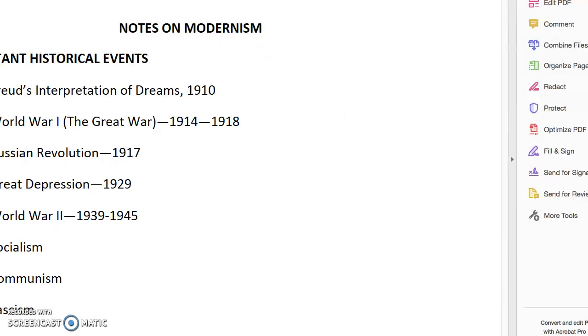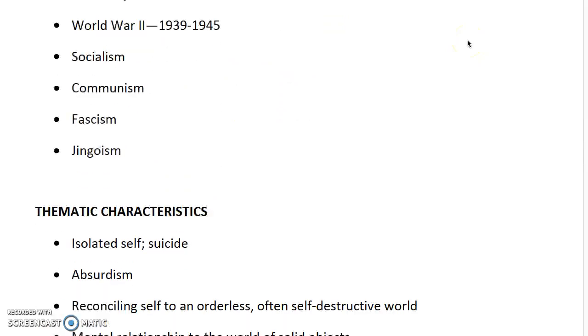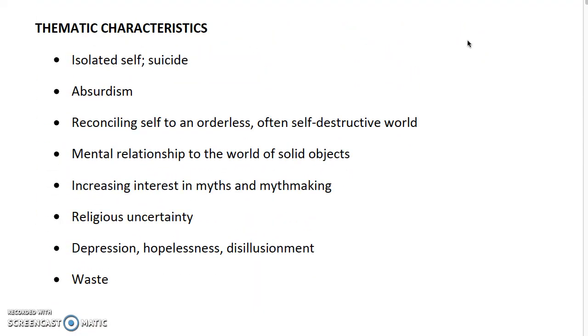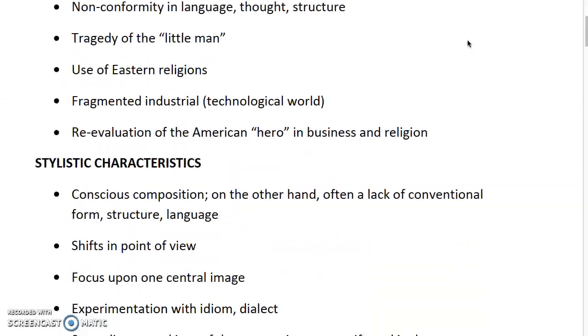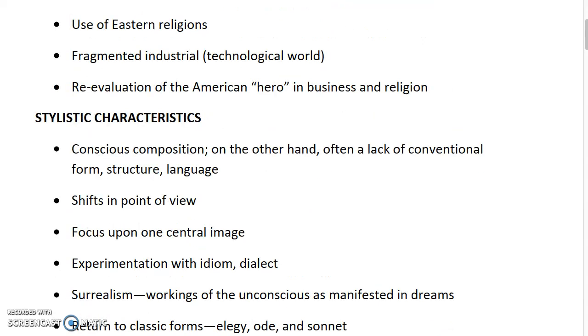The notes provide some great thematic items that I want you to notice. Okay, important historical events that are going on: World War I and World War II. Thematic characteristics that you're going to notice throughout. All right, so this note sheet is really important.